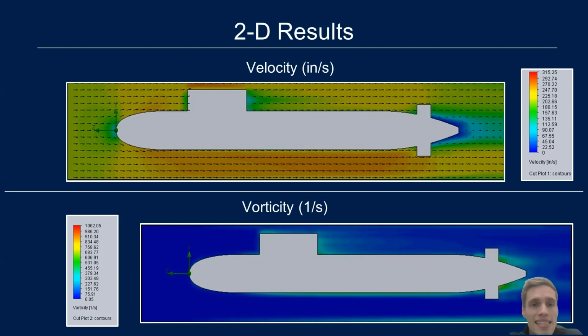As well as behind the sails and behind the rudders, yet again, we see a considerable amount of vorticity generated. This can be due to the flow separation, which we talked about earlier, and the reattachment of this flow, as it can often result in many complex flows. It's also important to note that the turbulence in the flow and the shear near the surface of the submarine can also contribute to the vorticity.